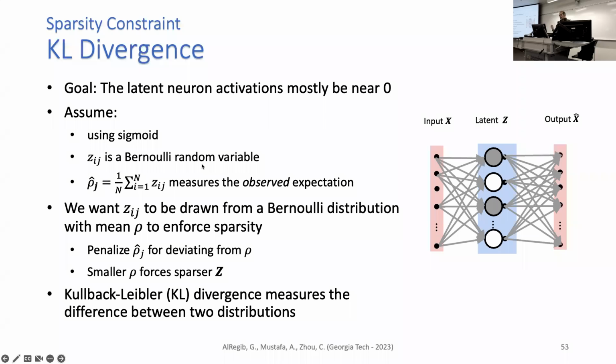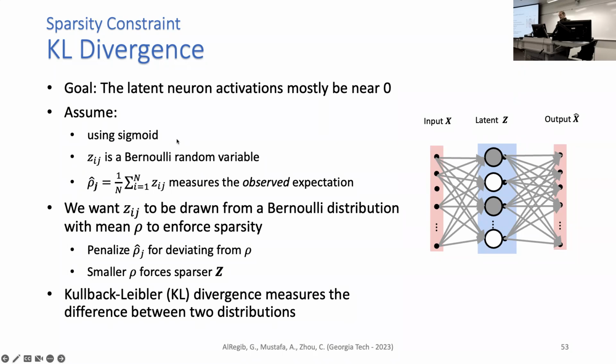Or k and 1 minus k, whatever the probability is. So then this rho hat is nothing but the observed expectation of that process, right? But now we have an ideal case, which is rho, coming from the Bernoulli distribution. So now the KL divergence is looking at the distance between the rho and the rho hat, basically what our data is, right?